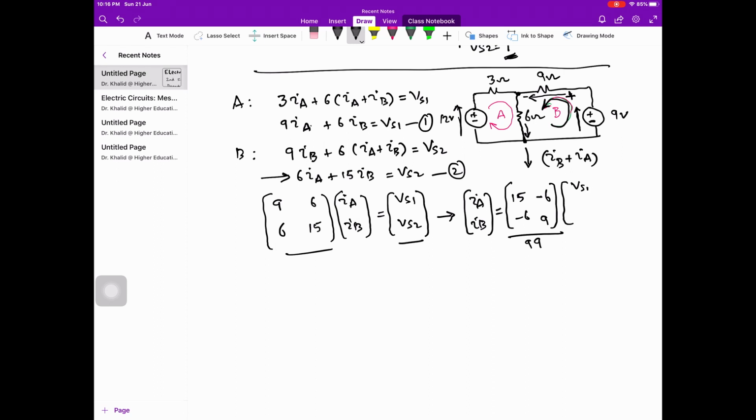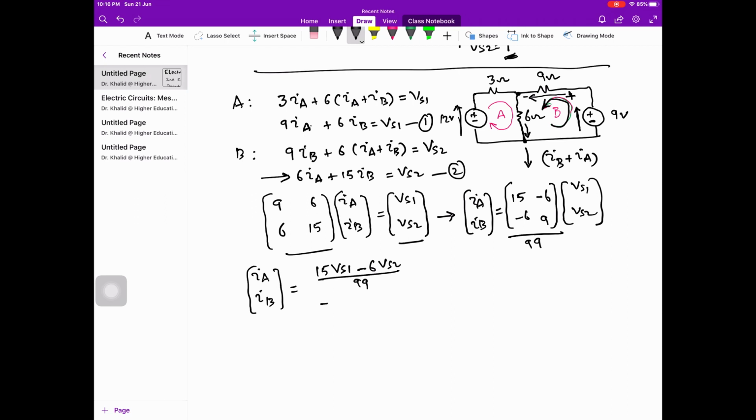So this is VS1 and this is VS2. So this is equal to 15 VS1 minus 6 VS2 divided by 99.